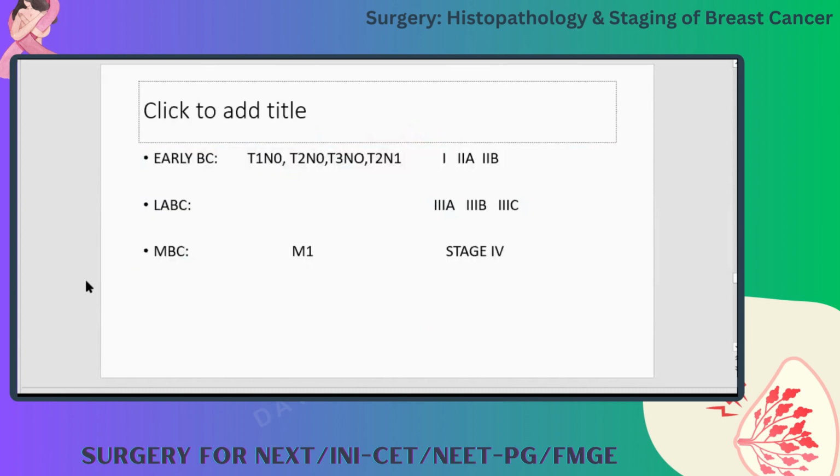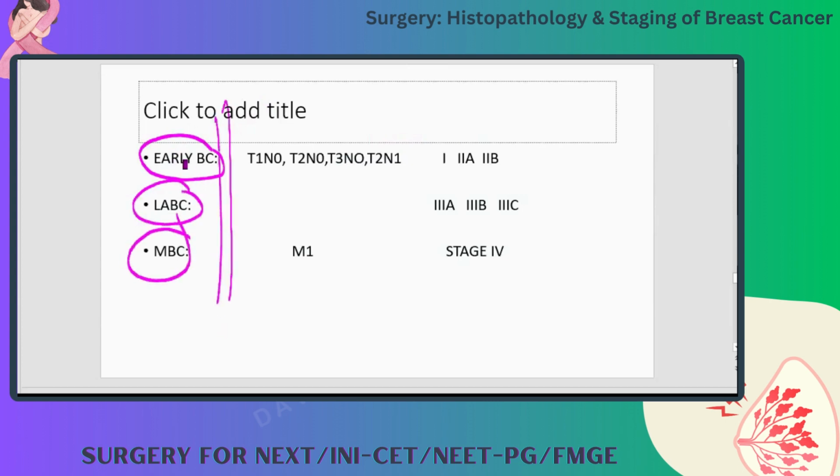Group staging is primarily used to stage diseases like prostate cancer, which I spoke about yesterday: localized, locally advanced, and metastatic. In the same way, there are three types of breast cancer: early, locally advanced, and metastatic. Metastatic is simple, M1. One lesion outside is metastatic. It is stage 4.